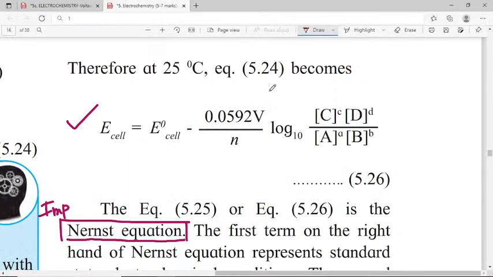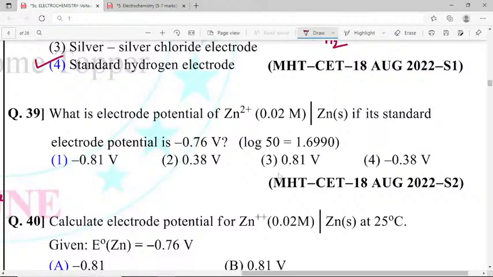E zinc is equal to E naught zinc minus 0.0592 divided by 2 into log to the base 10 of the concentration of Zn2+.